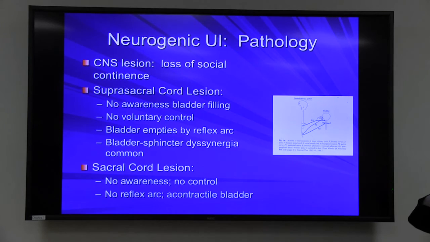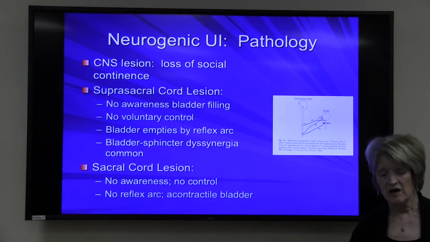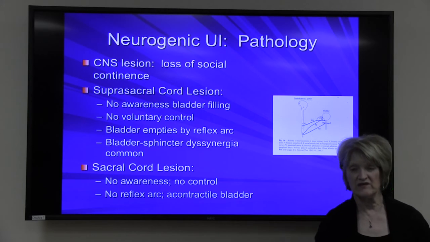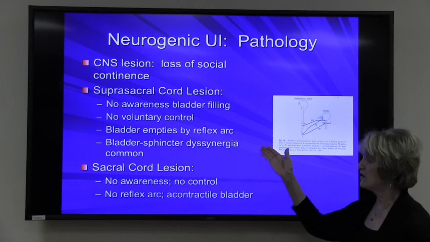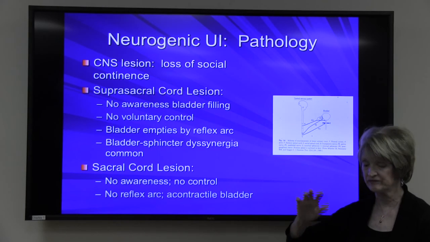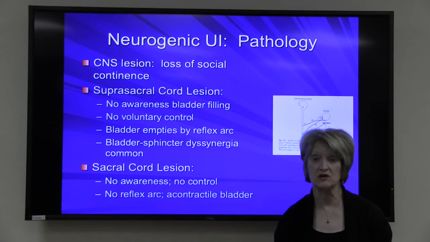When you're talking about neurogenic incontinence, it helps to just break it down. Where is the problem? If you understand where the problem is, then you can go back to the basics of voiding physiology and you can figure out what happens. So if you have a cerebrocortical lesion, CNS lesion, what did we say the cortex gave you? It gives you social continence.